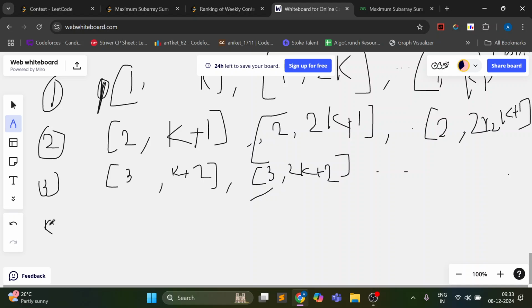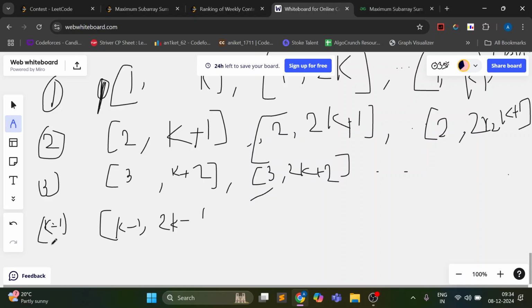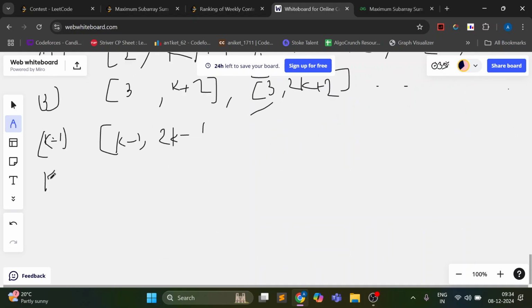And the last possibility can be, we start with k minus 1 and go till 2k minus 1. Let's remove this possibility from here, and the kth possibility can be we start with k itself.